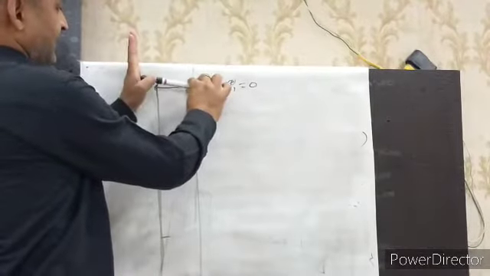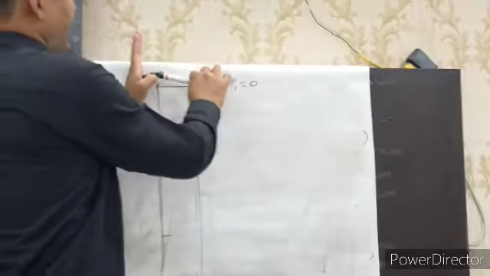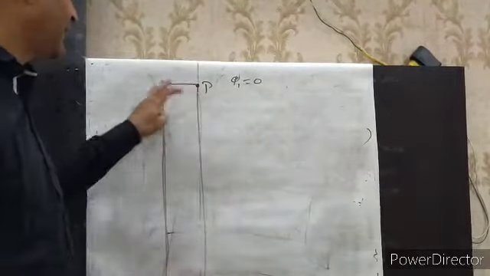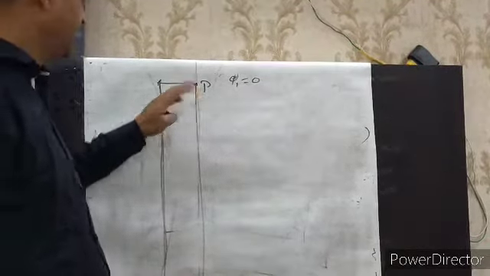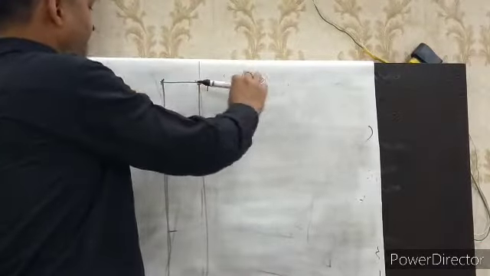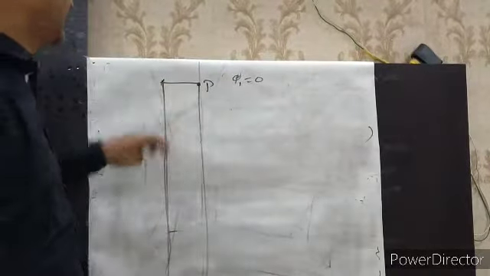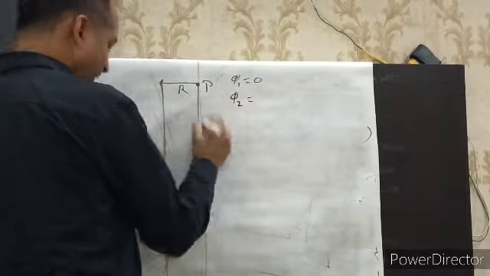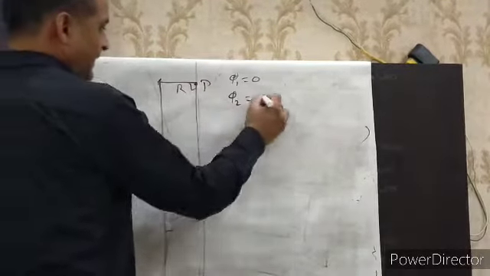If this is like this, then this will make angle phi 1. But here we are going to find out the magnetic field near one end of the wire, then this will become parallel to the perpendicular distance. Then this distance is r, phi 1 is 0 and phi 2 is equal to 90 degrees, phi 2 for the other end.